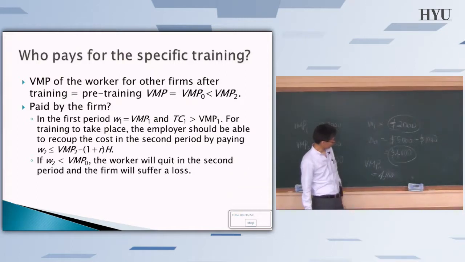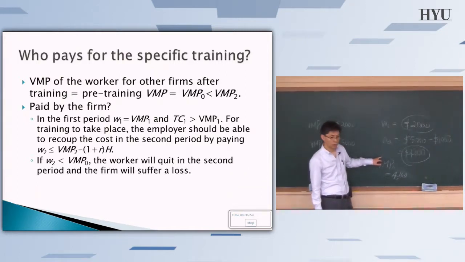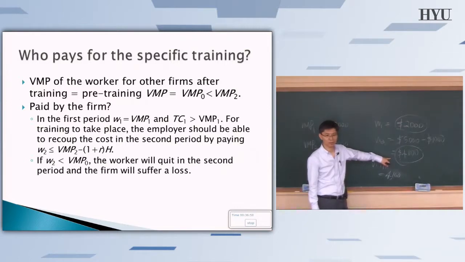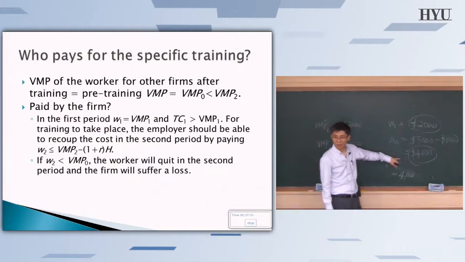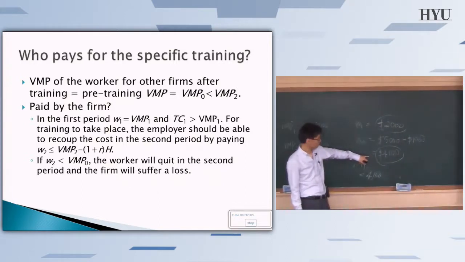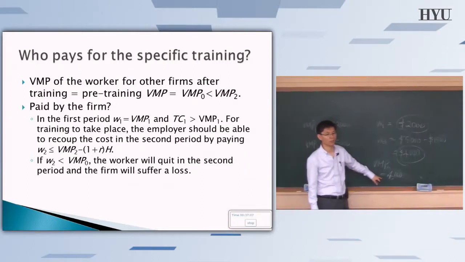$4,100. So what happens? The individual will say, I'm not gonna do this, right? I will just leave the company, okay? And then I'm not gonna accept $4,000 because I can get $4,100 elsewhere.